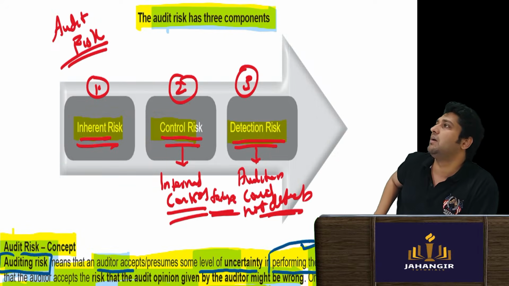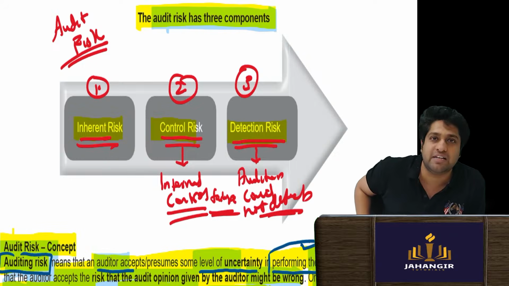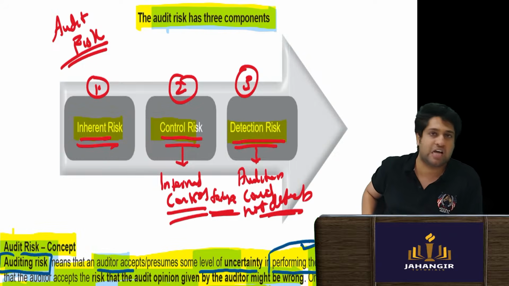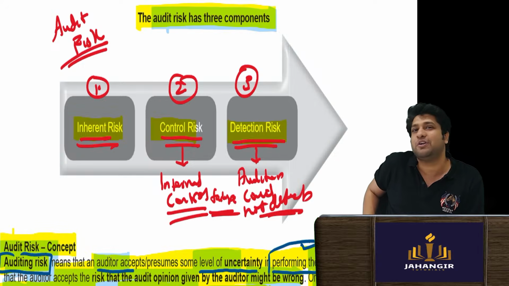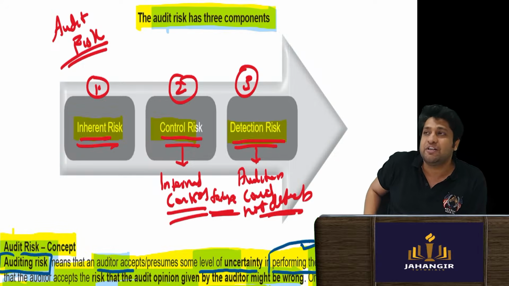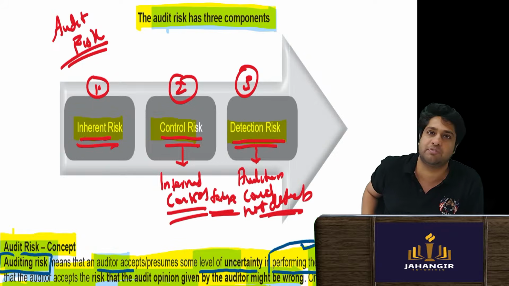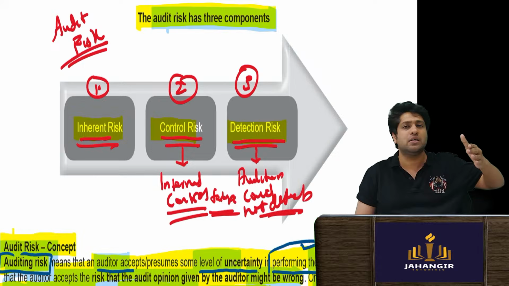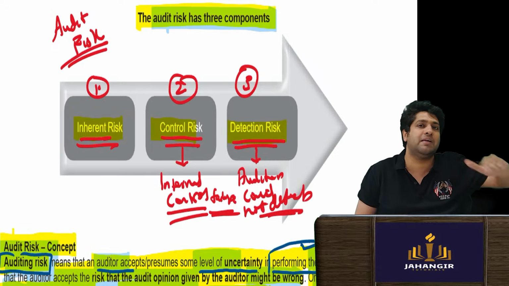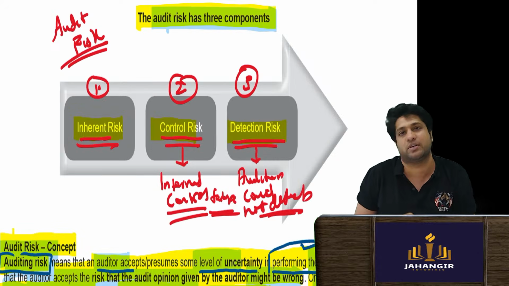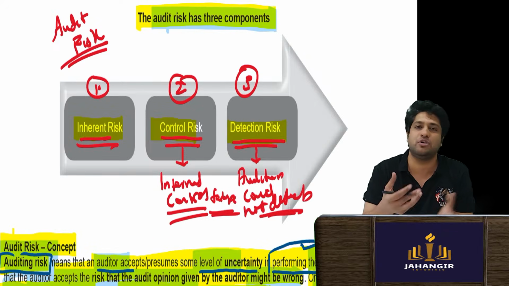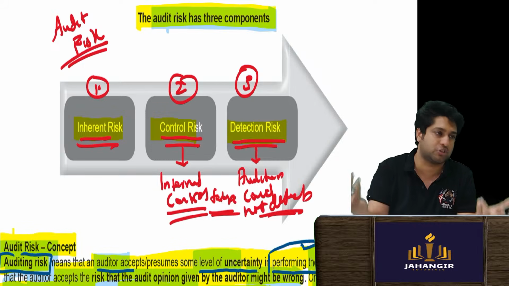For example, I don't have CCTV cameras. I just have a watchman or staff to look after, so it is possible that he might have missed out something. That is a control risk. So not having the internal controls, not being able to detect the errors, is called control risk. If your internal controls are weak... nowadays you have CCTV cameras, so your internal controls are strong.